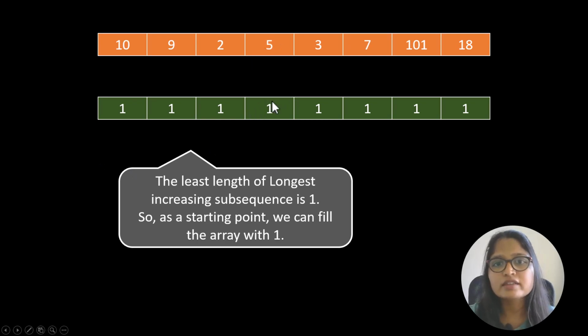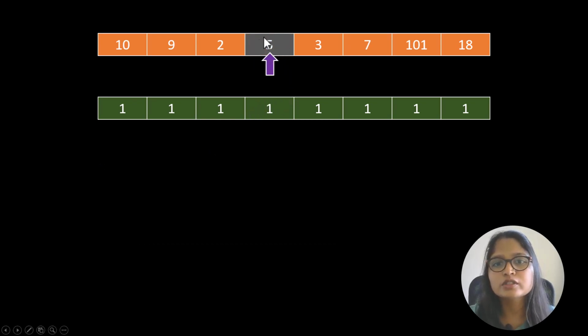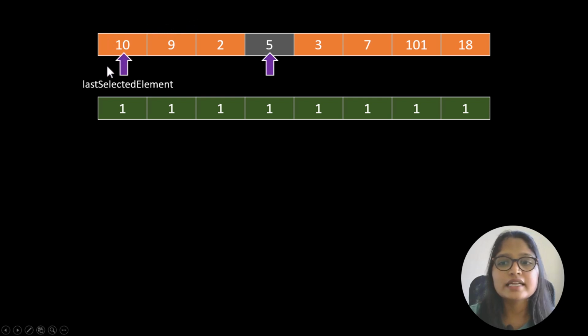Now let's see what happens when we consider this particular 0.5. When I'm considering this, what I need to know is what was the previous element that I have selected. Let's say I selected this 10. Can I select 5? No, because 10, 5 is not an increasing subsequence, it is decreasing. So I cannot do that.